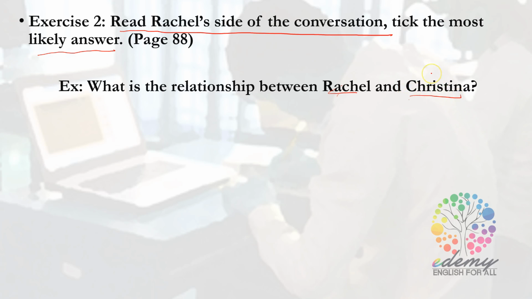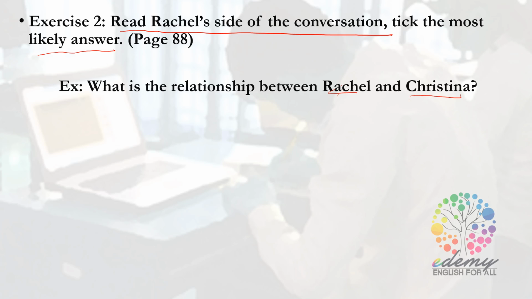In order to answer these questions, you need to infer from the information in the conversation. How you infer is that you notice the clues in the information or the situation. For example, in this question, they ask the relationship between Rachel and Christina. When you look at the conversation, you can see that Rachel and Christina don't live in the same house.